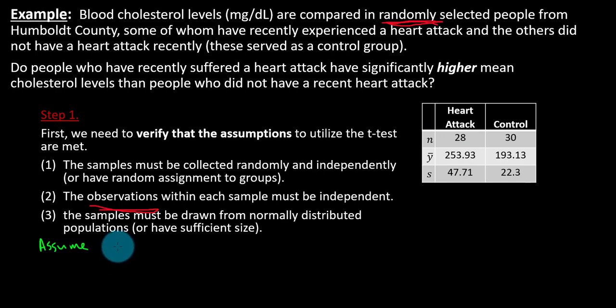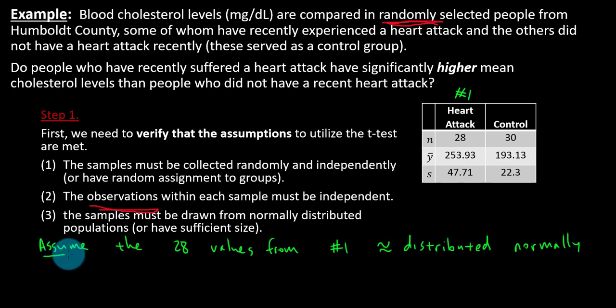We'll assume that the 28 values from the heart attack, I'll call them group 1, from number 1 are approximately normally distributed. In this case, we need to make that assumption about that group number 1.